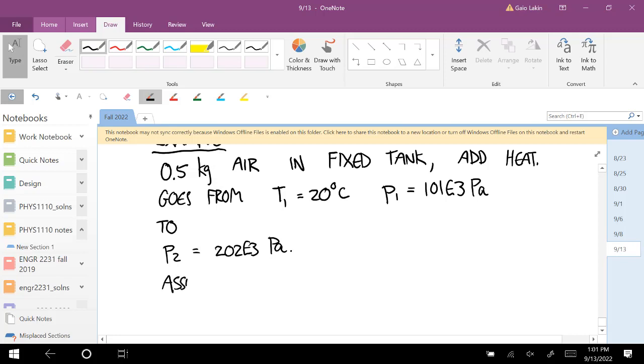Assume that air has a molar mass of 29 kilograms per kilomole.